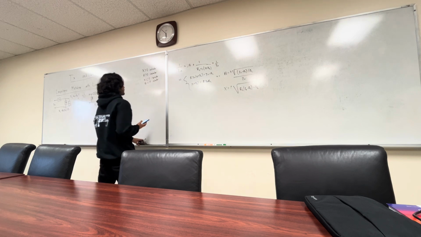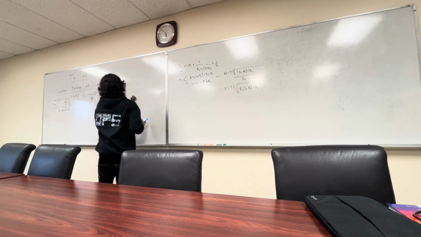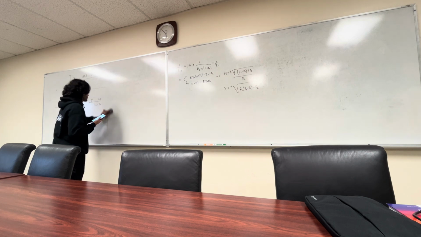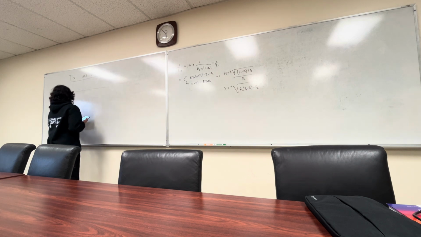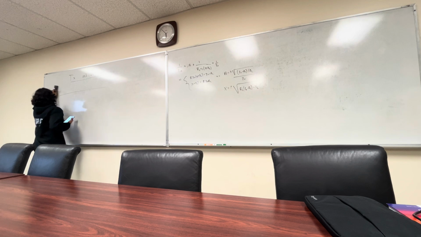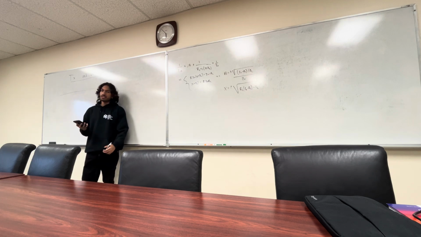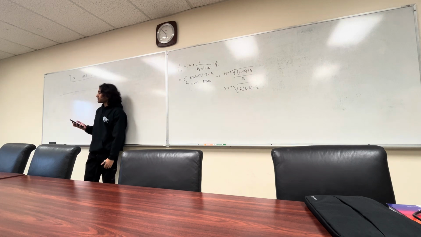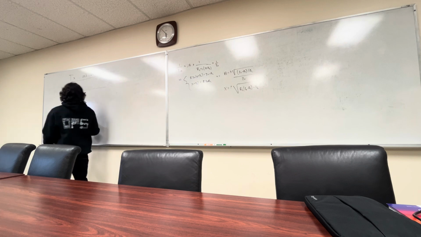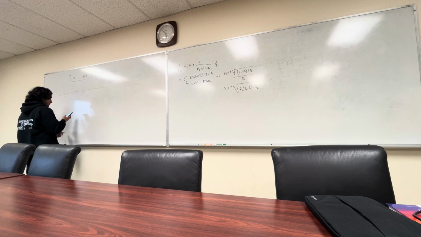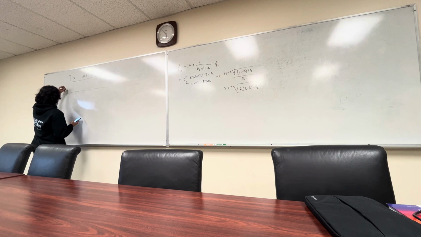Alright, so back to amplifiers. I'm going to erase this. This is going to be a sneak peek into the general amplifier topology we use in the next lecture. It's not going to be the exact same, but most of it will be parallel. Let's talk about the common emitter with an LC tank.